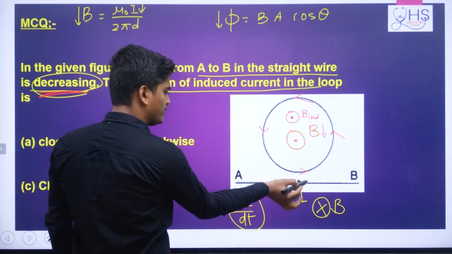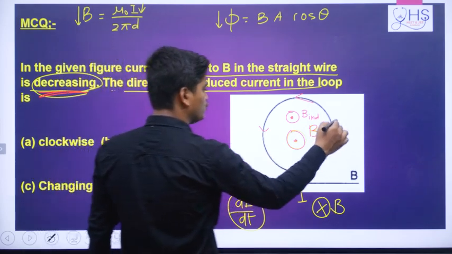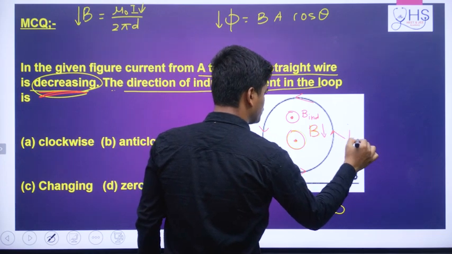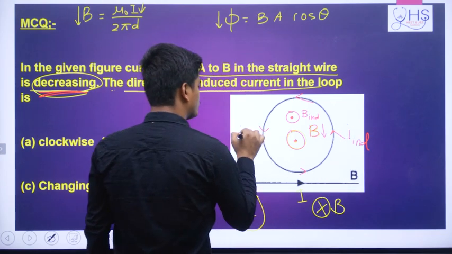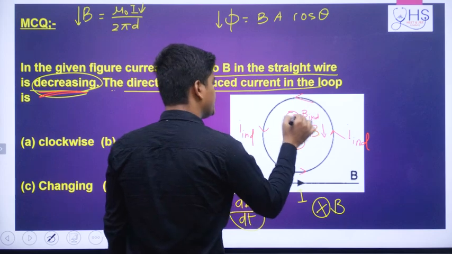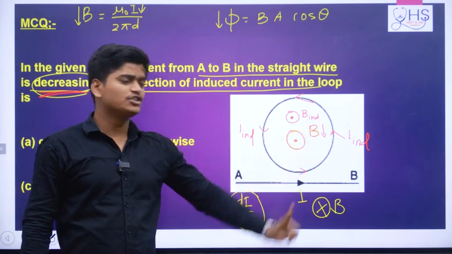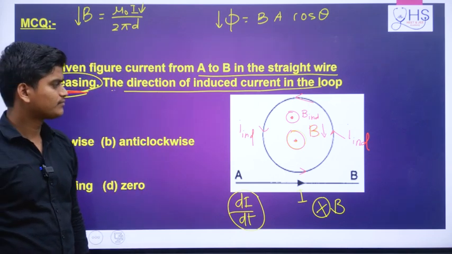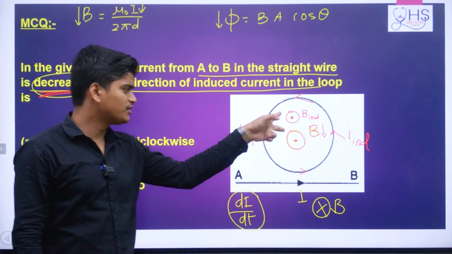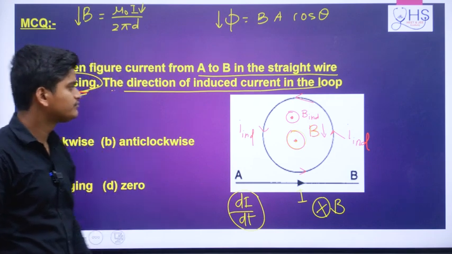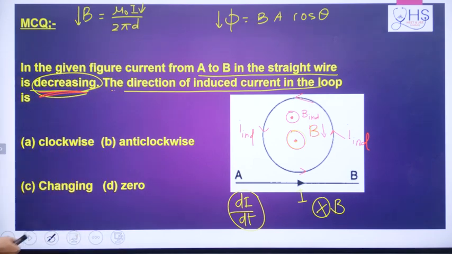See, this is the magnetic field due to this one. But now induced current will try to oppose the cause. So that's why induced current is producing such that it is inducing another magnetic field which is increasing the magnetic field. Okay. It is producing because both dot means field will increase. Okay, so it is opposing the cause.